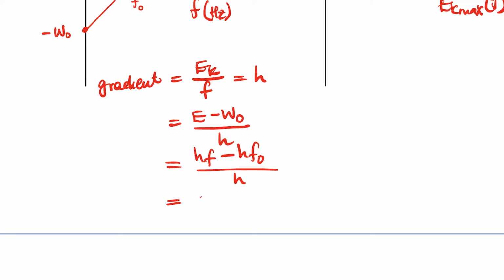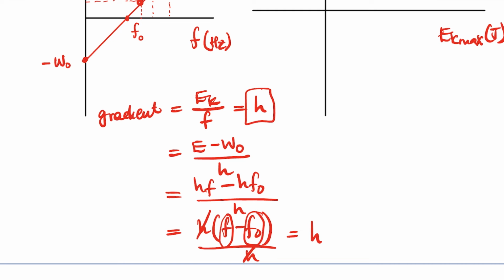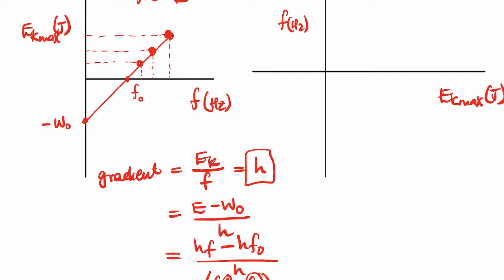So this simply means it's going to be f minus f0 divided by h, and that will cancel. So once you have a frequency minus the threshold frequency, that will be a Planck's constant. Guys, the gradient here is the Planck's constant, right? It's the Planck's constant.